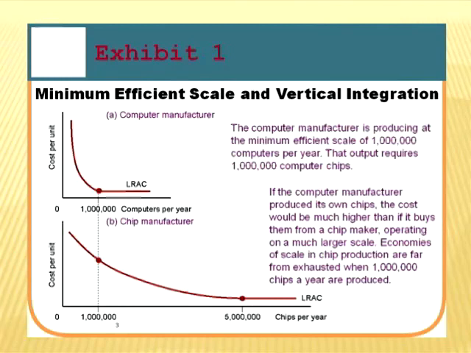So you, as a computer manufacturer, would have higher cost per chip if you produced your own, because you can produce 5 million per year at a lot less than what you can 1 million per year. And so in this case, it doesn't make sense for you to vertically integrate and produce your own chips, because it would be too expensive to do so and would drive your prices up.